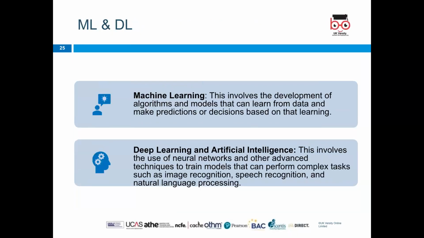What is machine learning? Machine learning is a big topic in data science and also deep learning. Machine learning involves the development of algorithms and models that can learn from data and make predictions or decisions based on that learning. A popular example is ChatGPT and Google Bard.